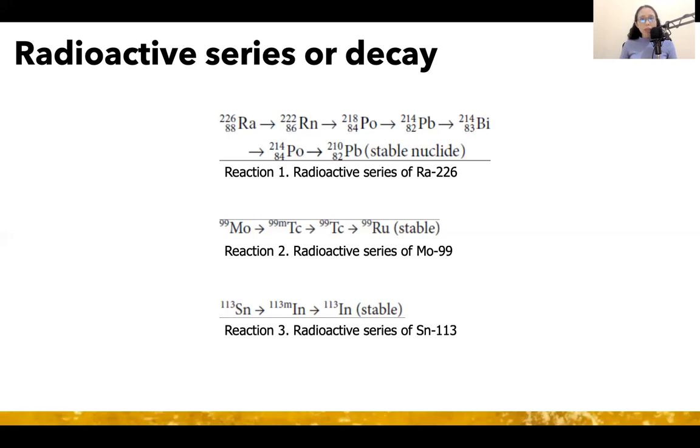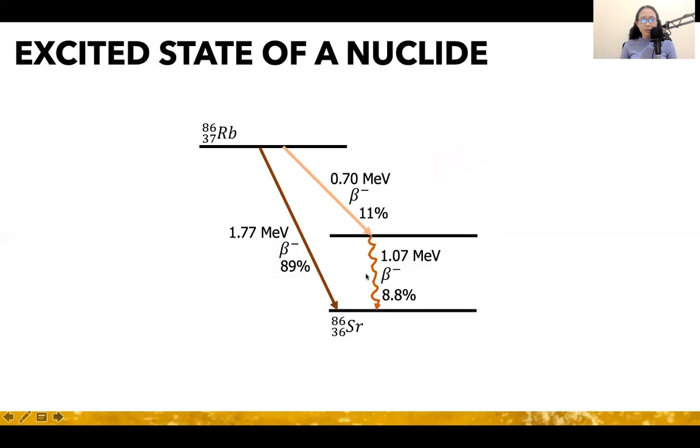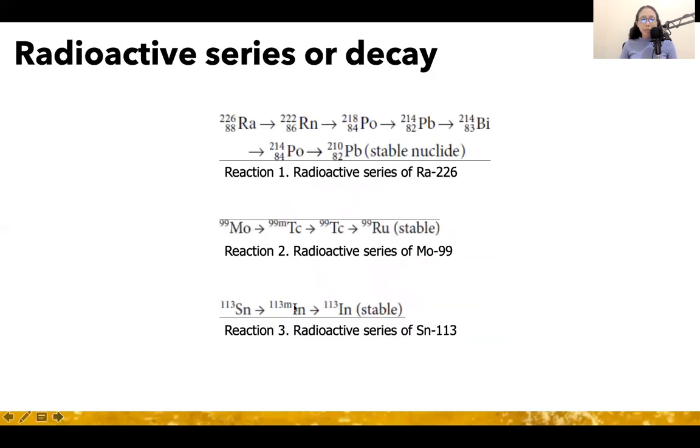So it's the same as the excited radionuclide, like what we saw with strontium 86 in the diagram here, okay? So if you see M in the mass number, it means metastable. It's an excited state of a certain nuclide.